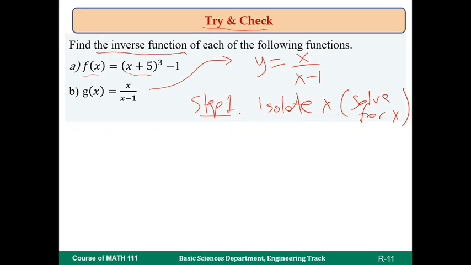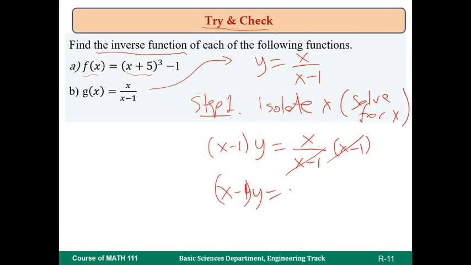So how can you do that? We have to get rid of the denominator first. So how can you get rid of the denominator? You multiply both sides by x minus 1, and then you will end up with (x minus 1) times y equal to x. And then you have to collect all x's on one side.